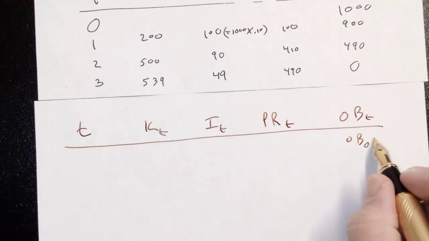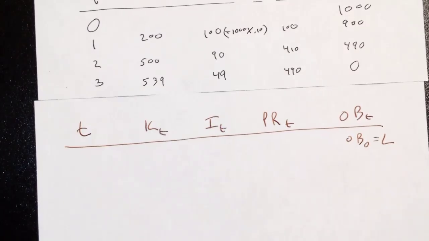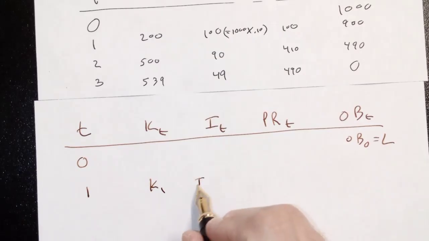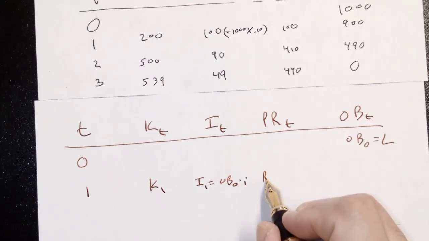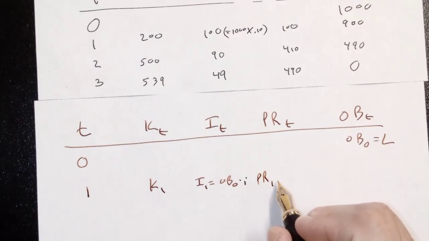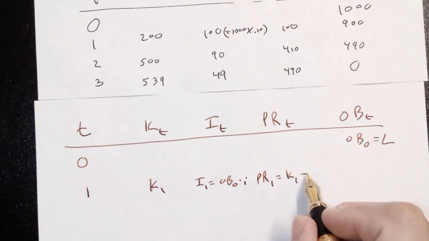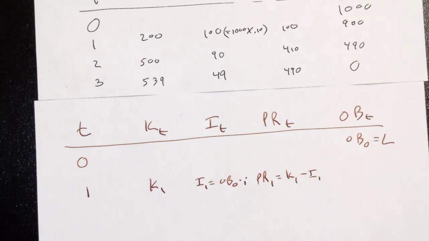I will have my loan amount, OB0. I'll make, at time 1, some payment. The interest, I1, will be OB0 times I. The principal repaid at time 1 is the payment minus the interest. And OB1 is OB0 minus PR1.